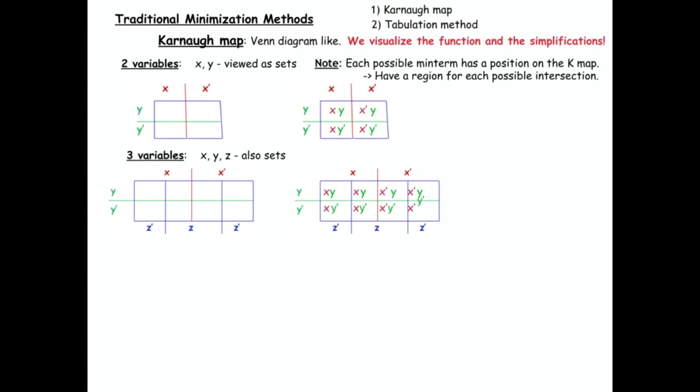Then we have the z area all together. And then lastly, we'll have complement of z area. It looks like it's split in half, but really it's connected in the back around. Okay, cool. And these are the 8 possible minterms here.